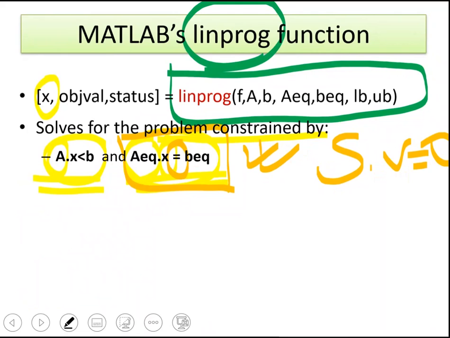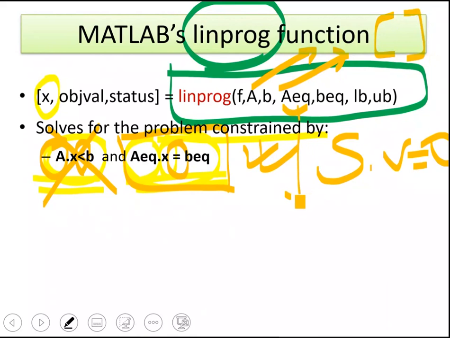We don't have any equation based on balances that includes inequality, so we don't have this in the metabolic network-based modeling approach. So our A and b will be empty vectors or empty matrices. And this Aeq is our S matrix. And this beq is the right-hand side of the equation.